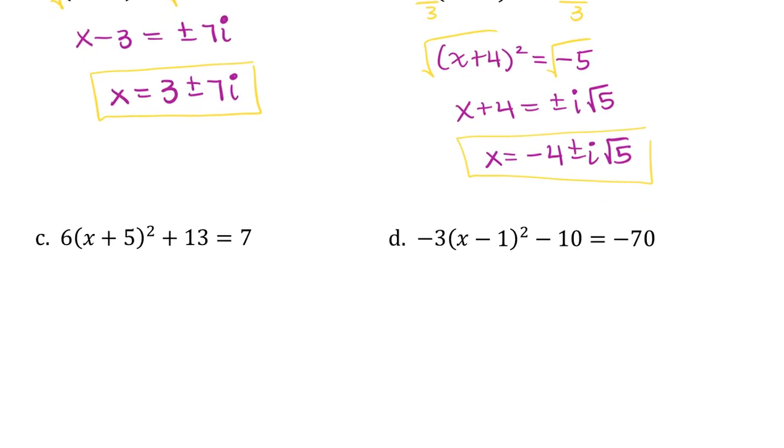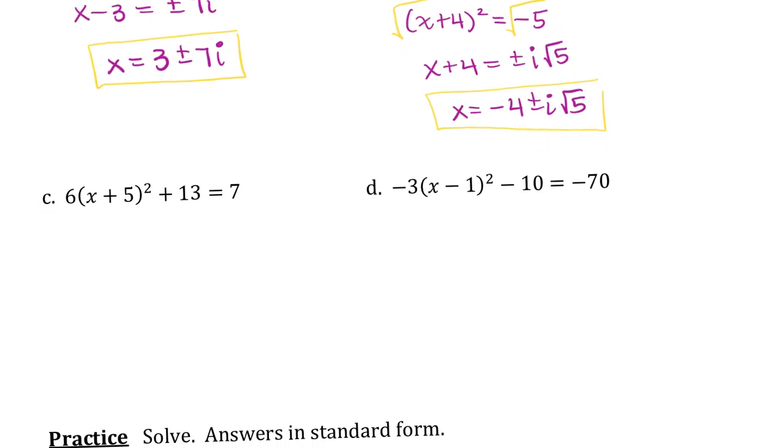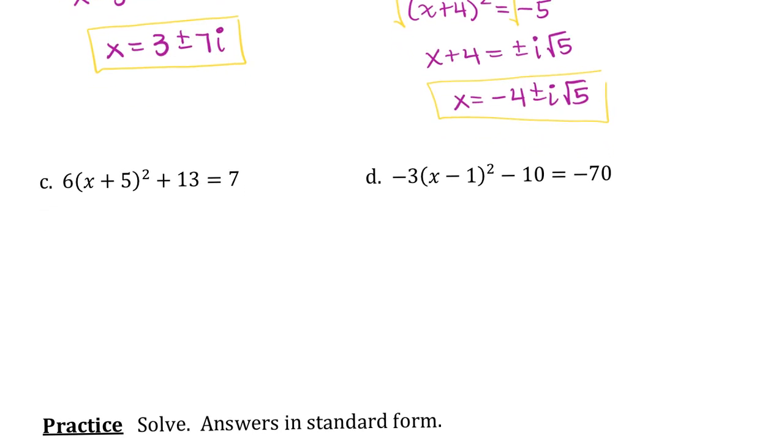Let's do a couple more and then you're going to do the practice on your own. Okay, C. I see the square root. 6 minus the 13 over. So 6 times x plus 5 squared. 7 minus 13, negative 6. Now I've got this 6, so let's divide by 6.